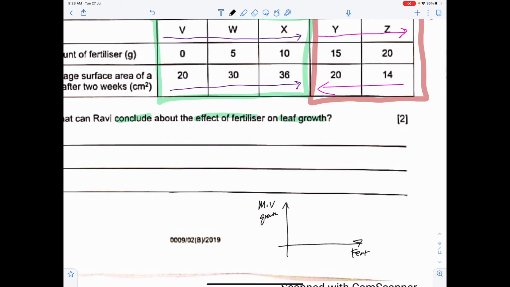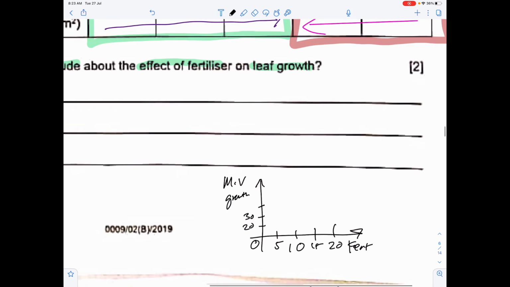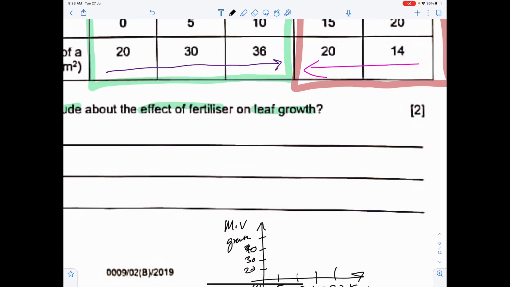Something like that. And then I have 0 here. I have 5, 10, okay, 15, 20. And then very quickly, over here I have 20, 30, 36. Okay, 5, 10, 20, 40, and 50.